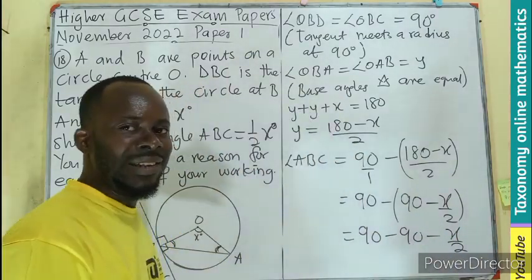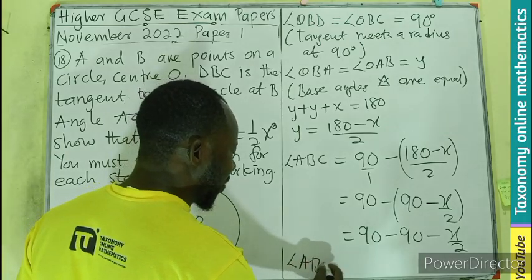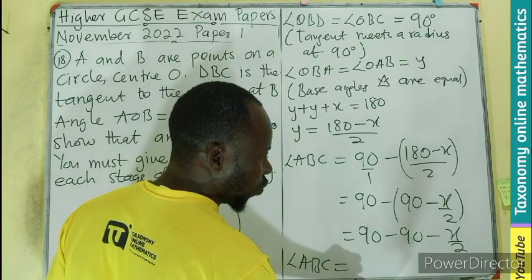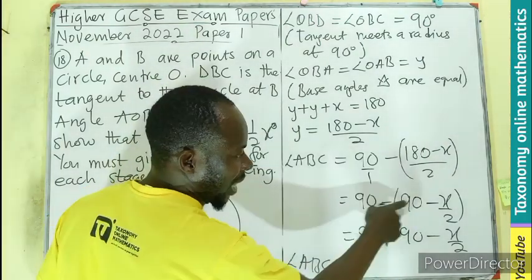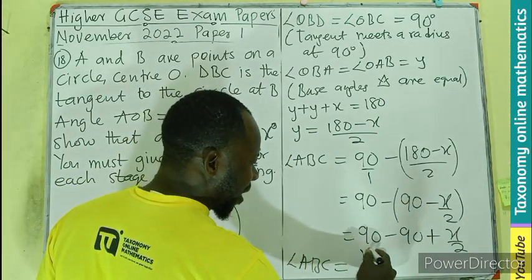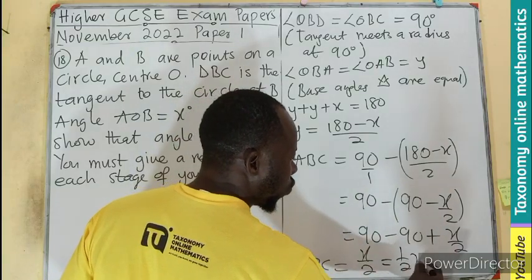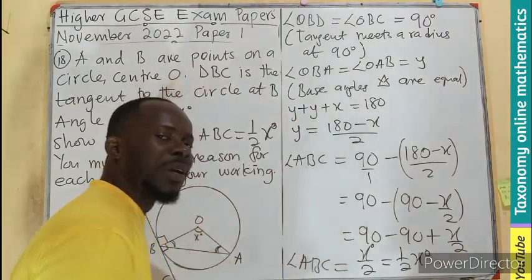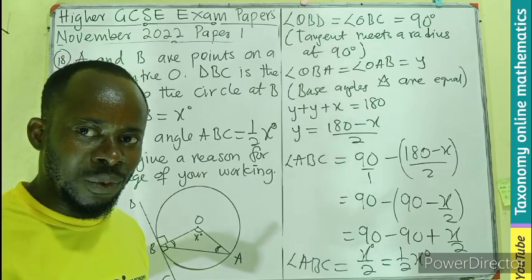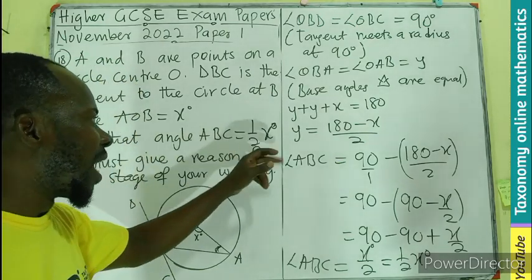So 90 minus 90 will be 0. So that means the angle ABC will be equal to, don't forget this is negative times negative so positive, x on 2, which is the same as 1 on 2 x degrees. I guess we are able to prove that the angle ABC is half x degrees.